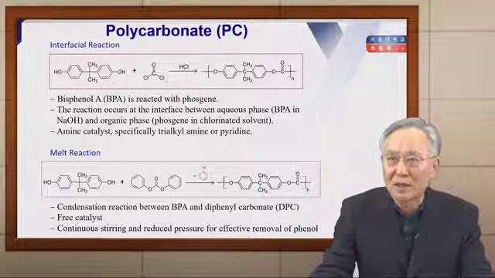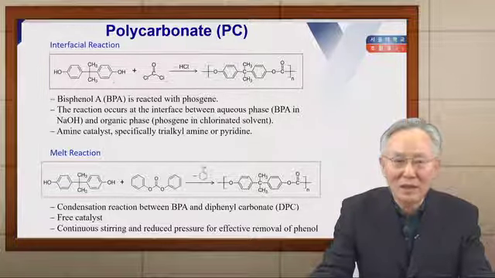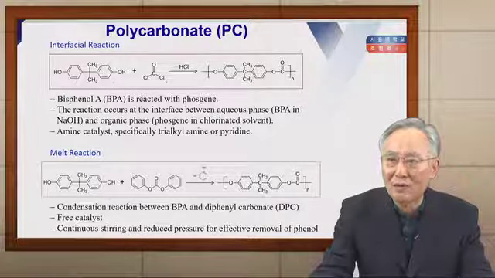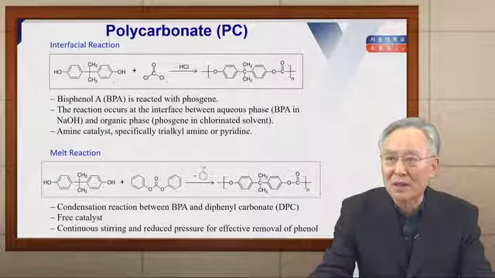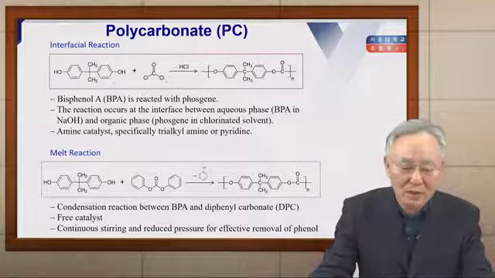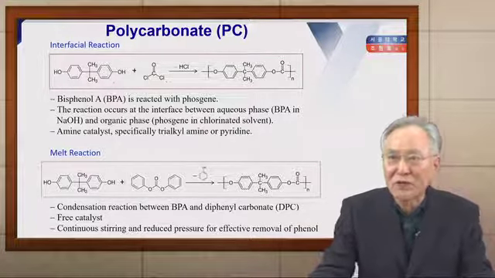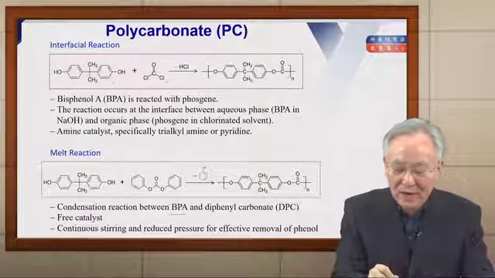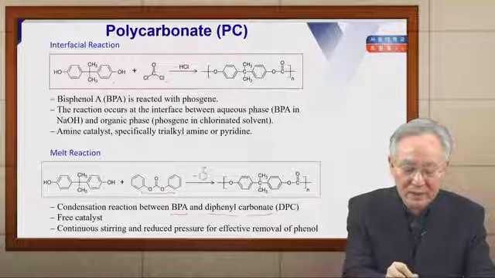In these interfacial reactions, an amine catalyst, more specifically trialkyl amine or pyridines, has been used to trap hydrogen chloride as a byproduct. The melt reaction is a condensation reaction between bisphenol A and diphenyl carbonate here.